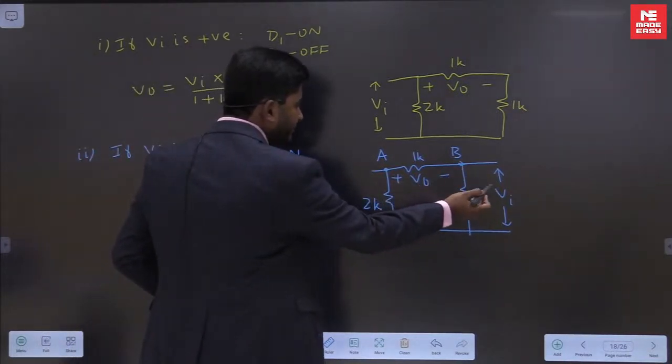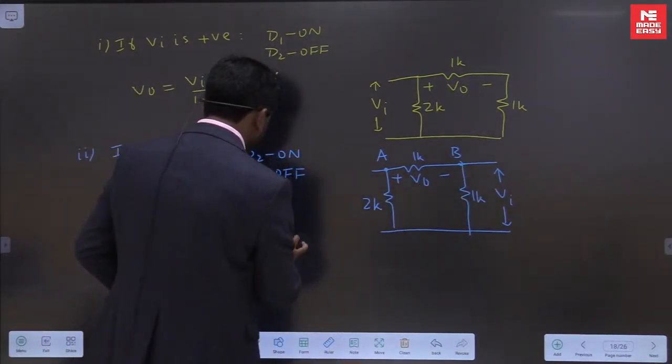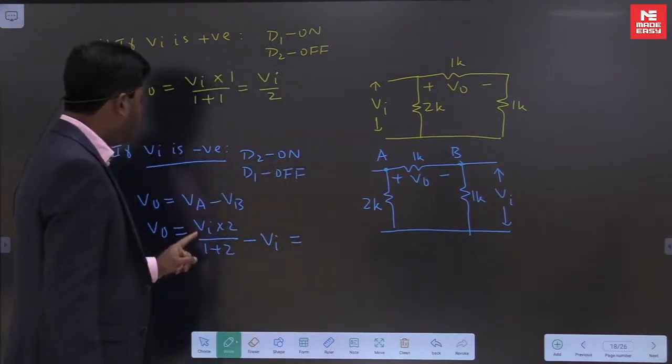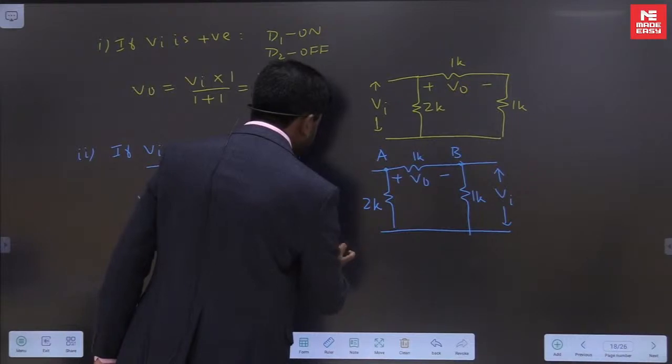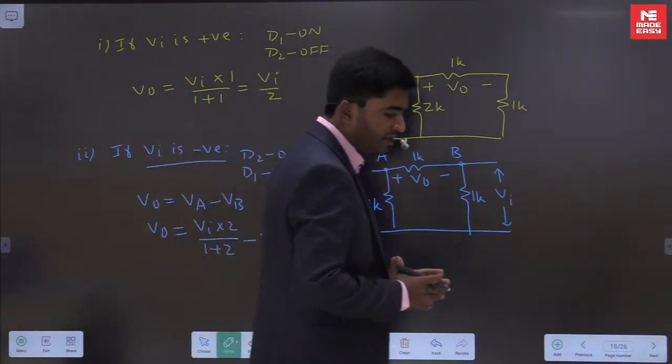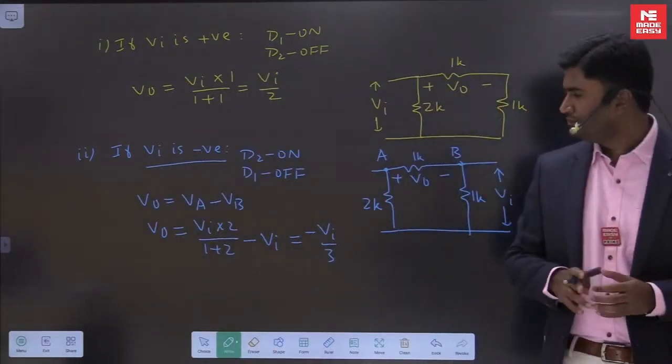VB is same as VI. So it will be 2 VI by 3 minus VI. I will get minus VI by 3. Minus VI by 3.